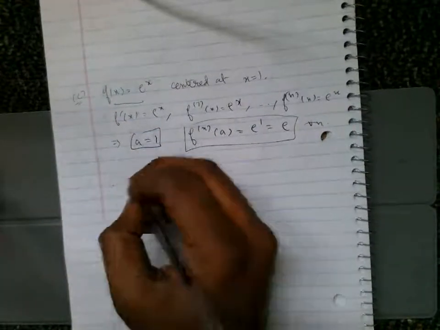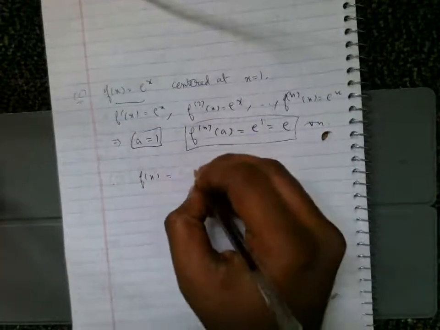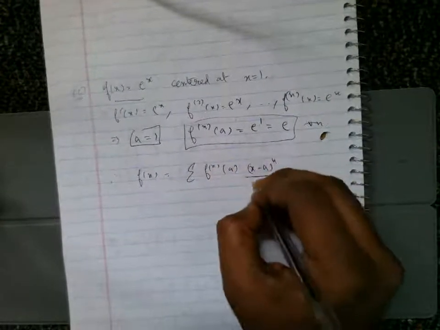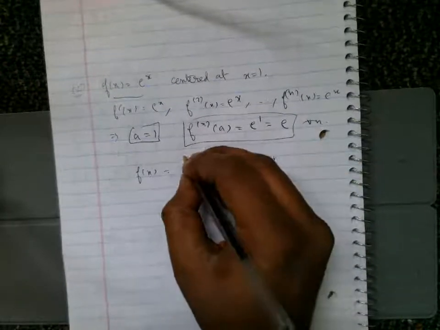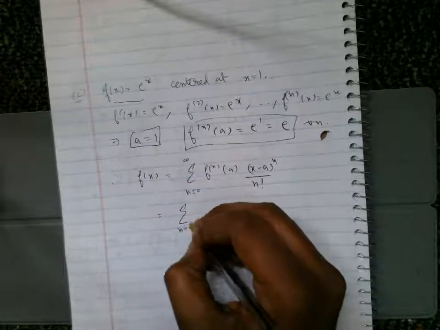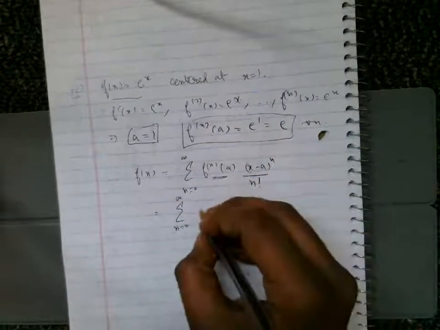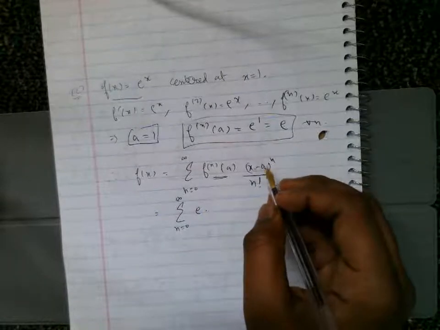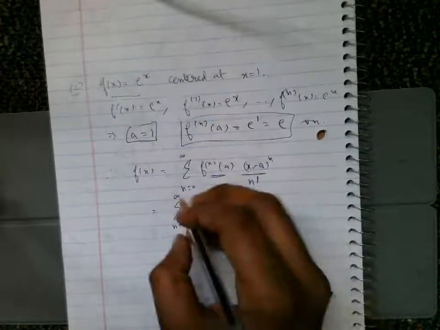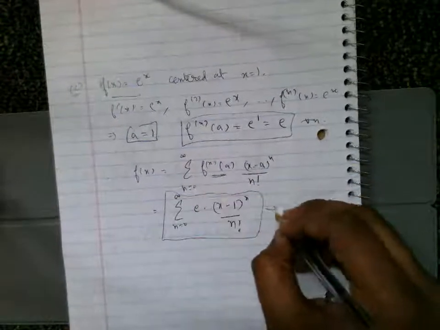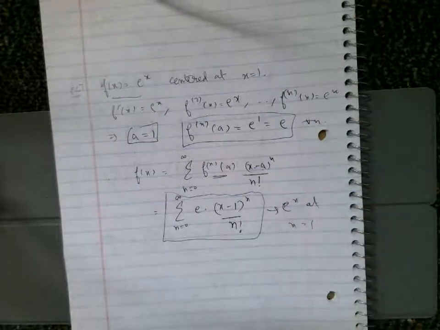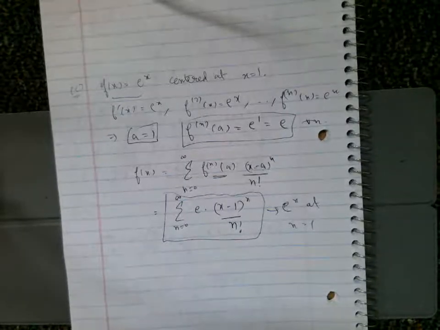So therefore, the Taylor series expansion can be written down as the sum over fn of a times (x minus a) to the power n divided by n factorial, n running from 0 to infinity. So this can be written down as the sum over n running from 0 to infinity, fn of a is just e, and x minus a is x minus 1, so (x minus 1) to the power n by n factorial, and this is our Taylor series for e to the power x at x is equal to 1. So this is pretty easy.